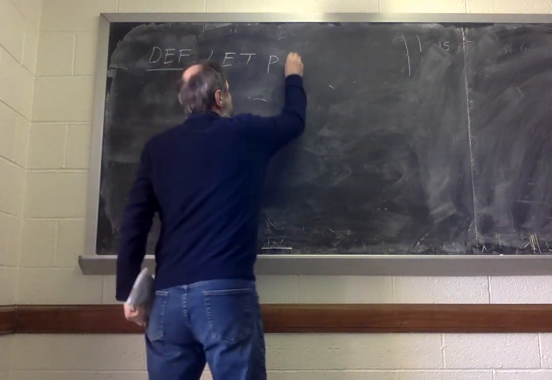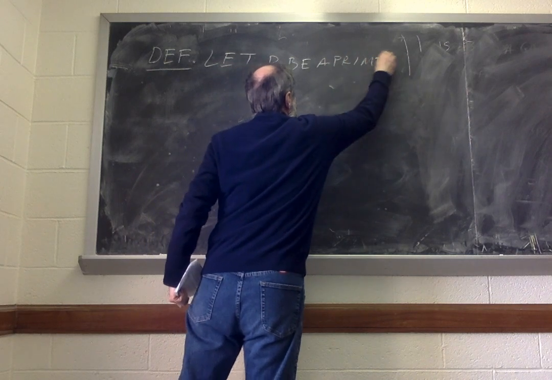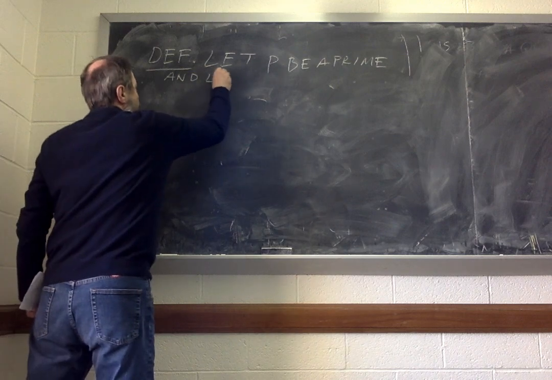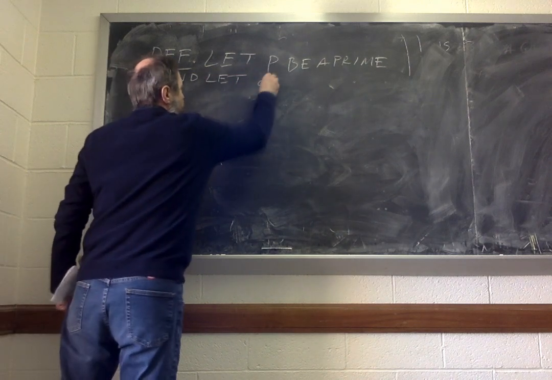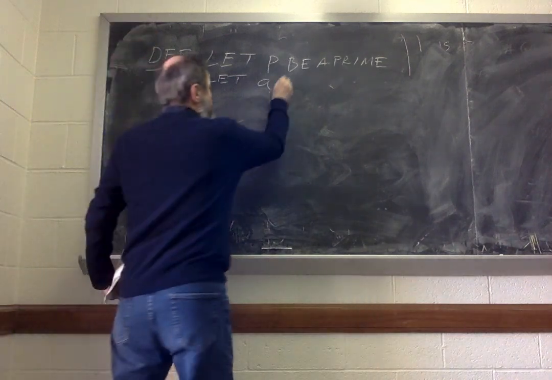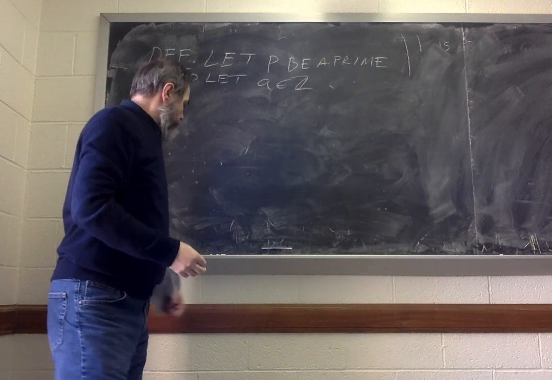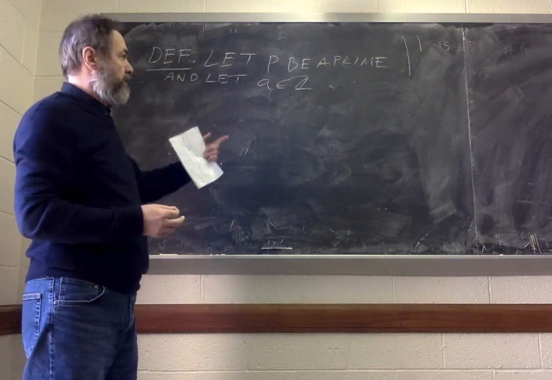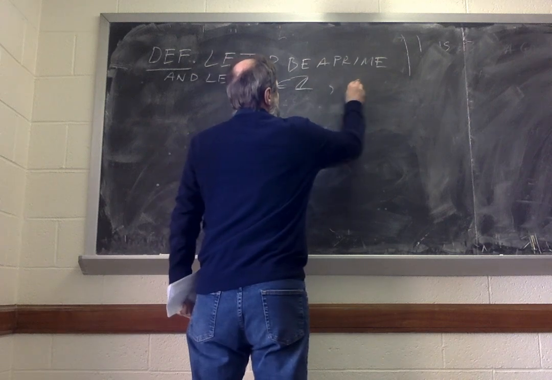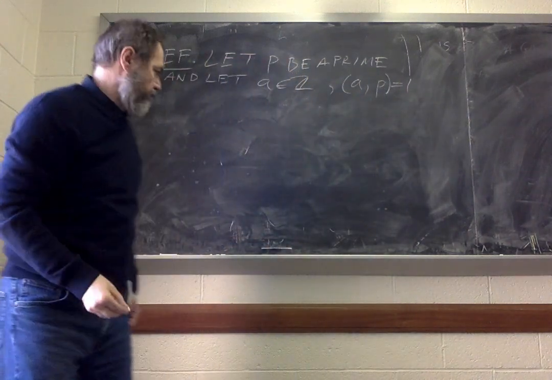Let p be a prime, and let a be any integer. I say it belongs to the set of integers, maybe positive or negative, doesn't matter. Let's say this number is not a multiple of p, so it's relatively prime to p. The greatest common divisor is 1.